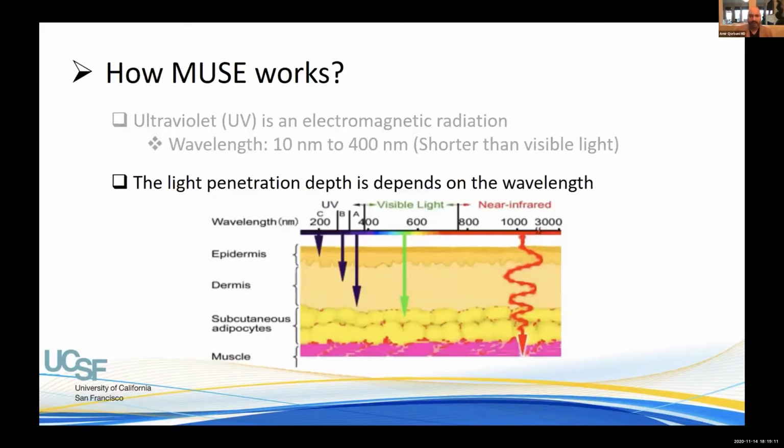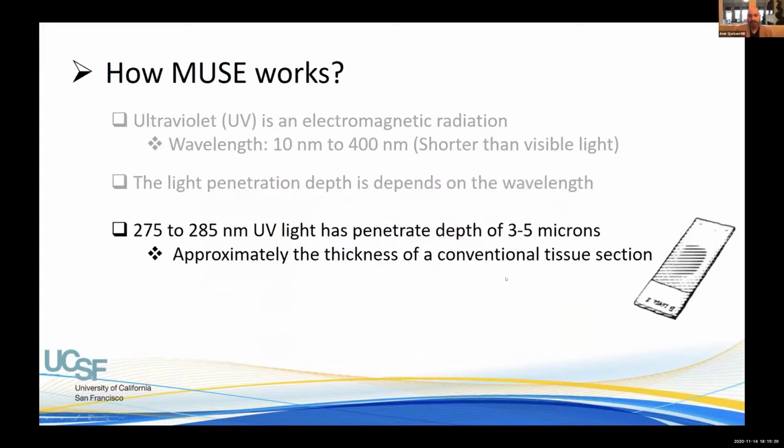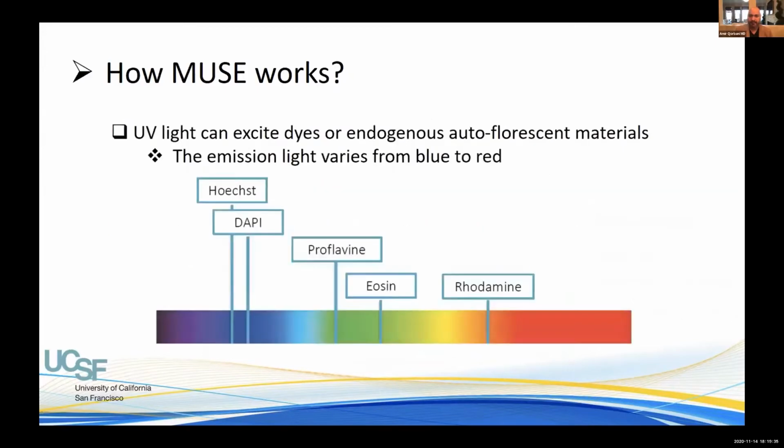For example, UV light penetrates very little compared to infrared. UV light at 275 or 285 nanometers can penetrate about 3 to 4 microns, which is about the same as the thickness of the slide we examine on a regular microscope.